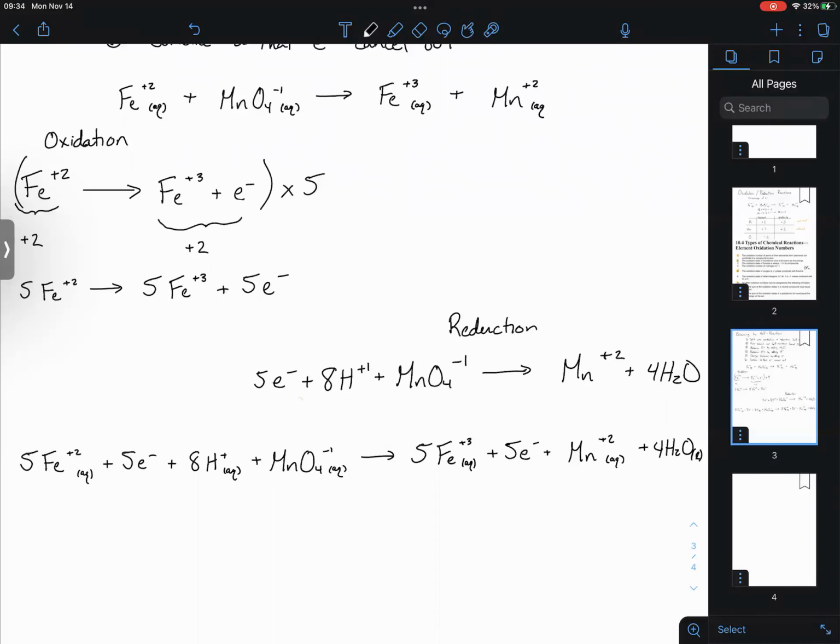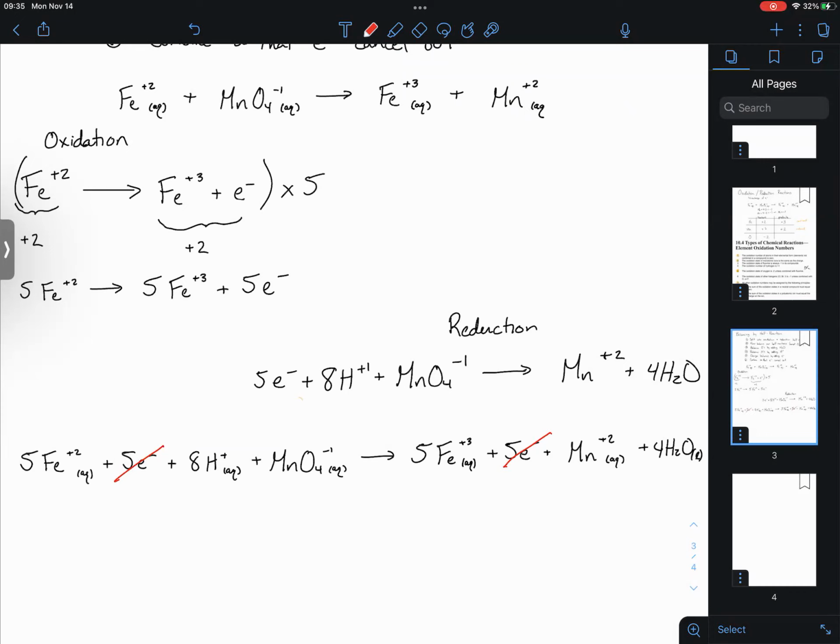All right, so now this is what I get when I sum everything together, and then I'm just going to go through and cross out what appears on both sides. In this case, it's just those electrons that cancel out. In other types of reactions, we'd notice that maybe there are waters or protons, H+ ions, that we get to cancel out.